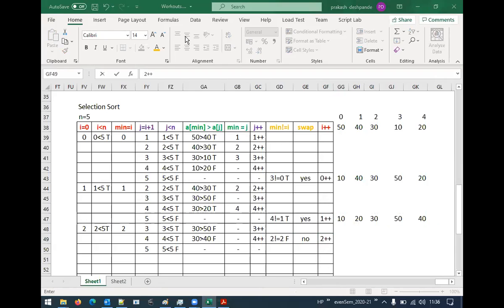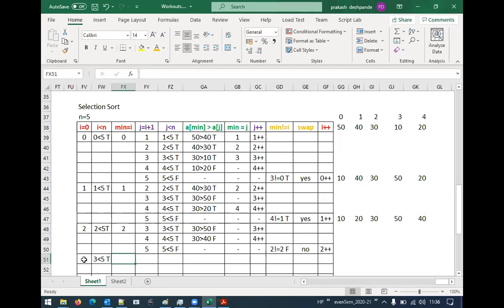Just a second. Okay. Now, next time J value becomes... Sorry, I think I should write here, right? One below, I have to write. Now becomes 3. 3 less than 5.